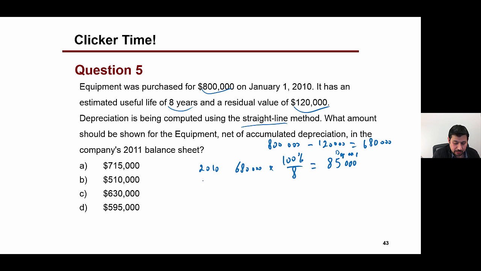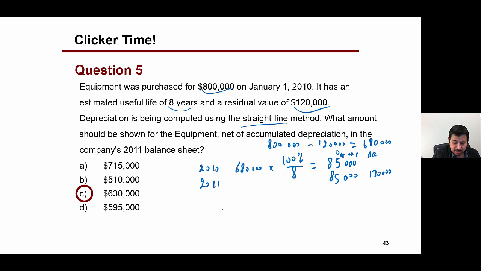The book value will be 680,000 minus 85,000. At the end of 2011, the company will also have the same amount as depreciation expense, which is 85,000. So here the accumulated depreciation will be 170,000.